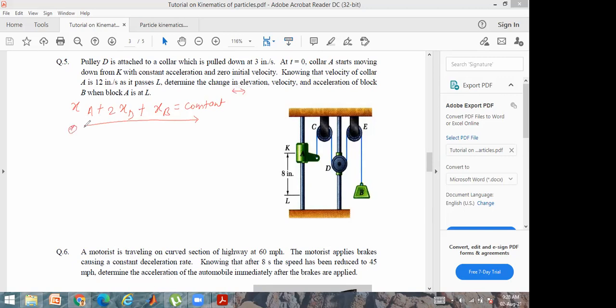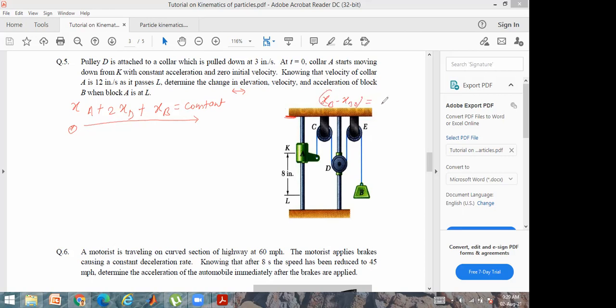They are the distances from this position, the fixed distances that we have taken. So change in elevation means you need to write xB minus xB naught; maybe this is the change in elevation.